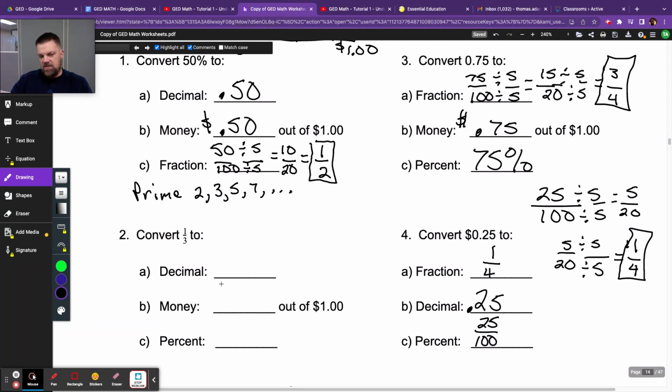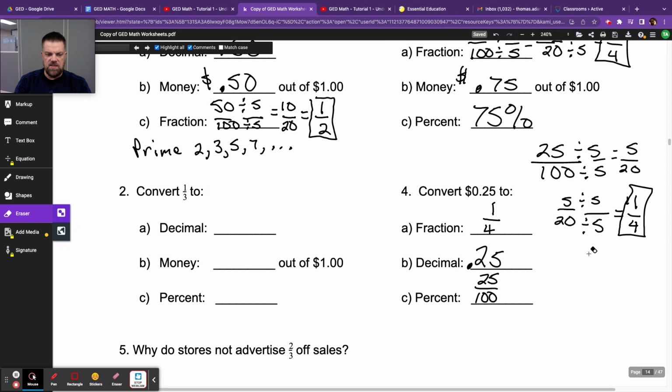1/3 is not fun because to get the decimal, sometimes you'll get a repeating number. You basically have to take the numerator and divide it by the denominator. But I'm going to move that over here because we're going to need a little bit of space.